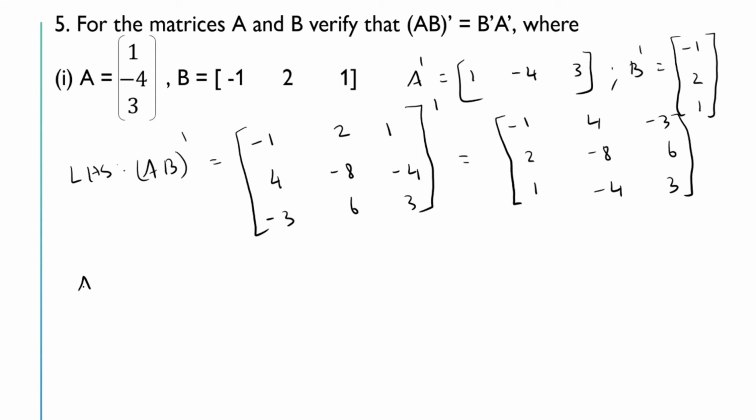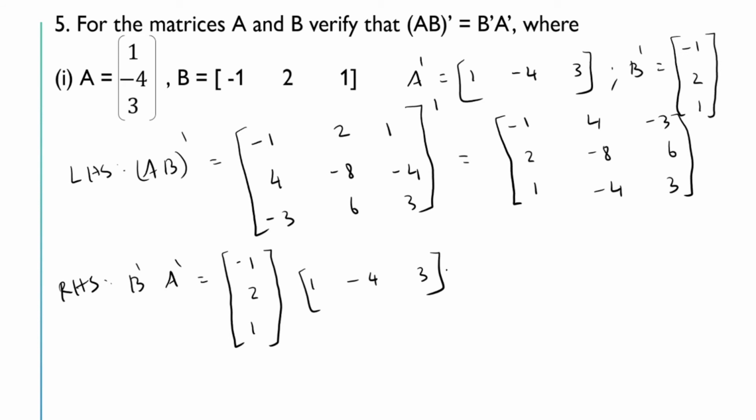Now B transpose into A transpose. The right hand side is B transpose into A transpose. It is minus 1 2 1 into A transpose is 1 minus 4 3. So this is equal to, you have to multiply the elements in the first row of the first matrix with the elements in the first column of the second matrix and then add.